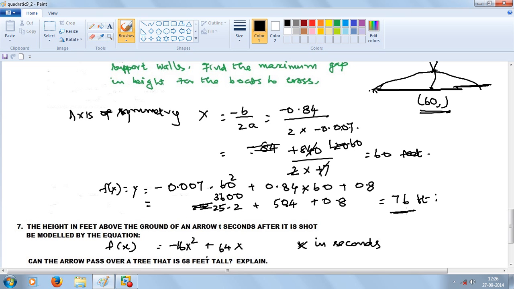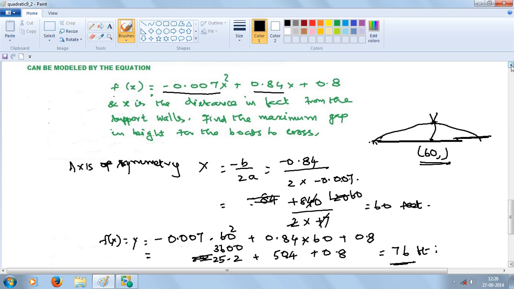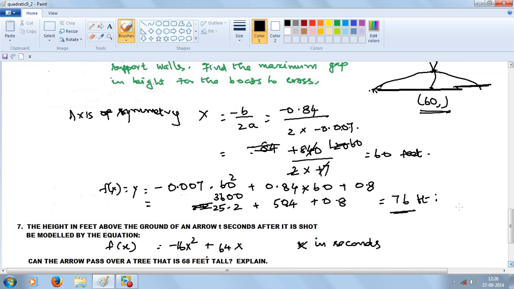Is the height correct? So the maximum height, or the coordinate of the vertex, in this problem is 60 comma 76.